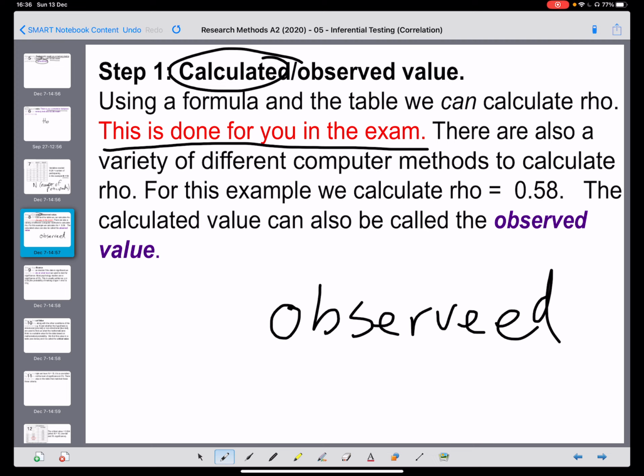Depending on which textbook you look at, they might use the phrase calculated value or observed value. And I want you to see that it's the same thing. This is the value that came from the data that you collected.